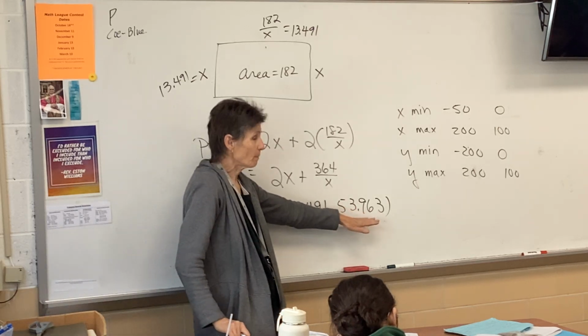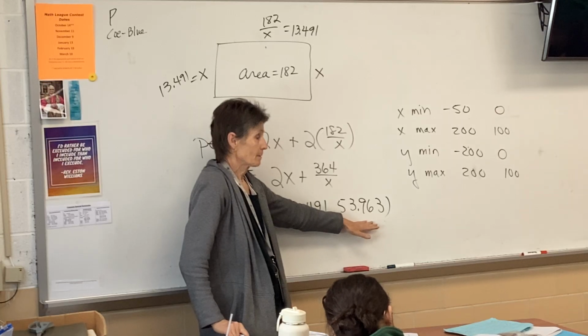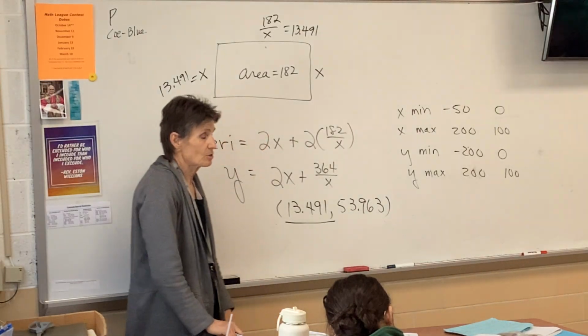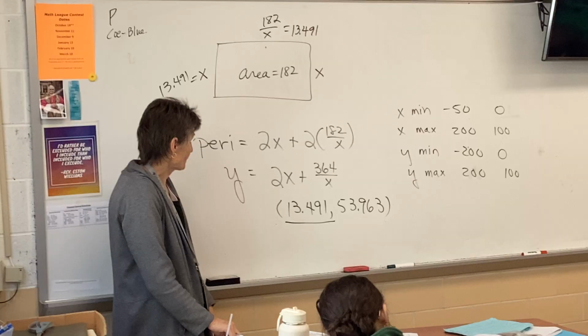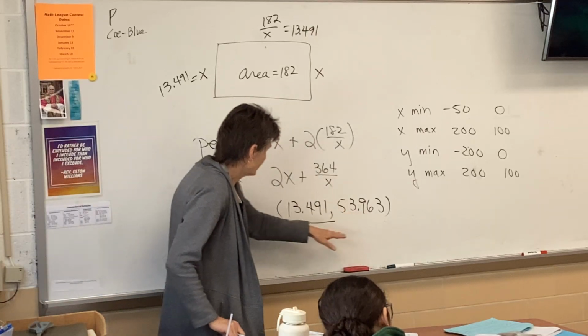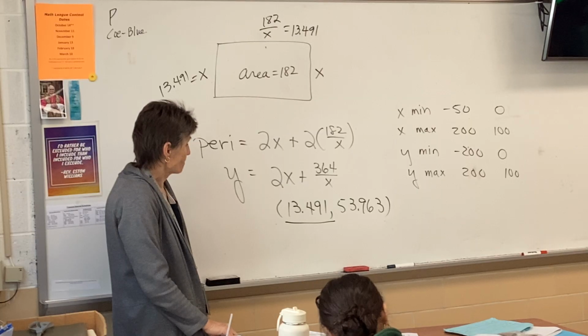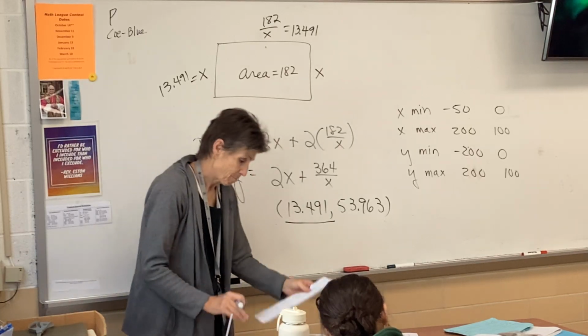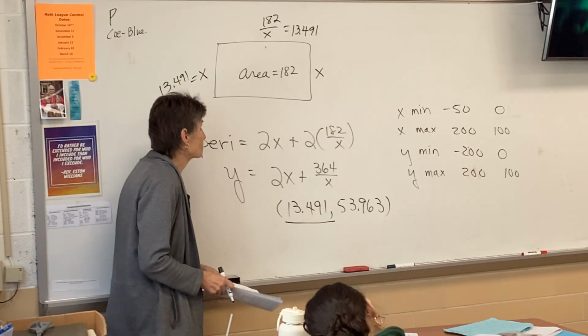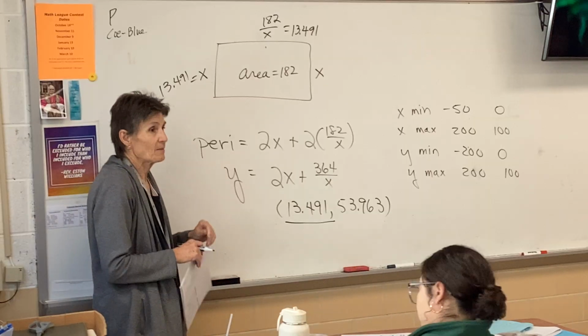And what is the perimeter? 53.963. So this is your perimeter, this is your X. Perfect. Anybody have a question about that?